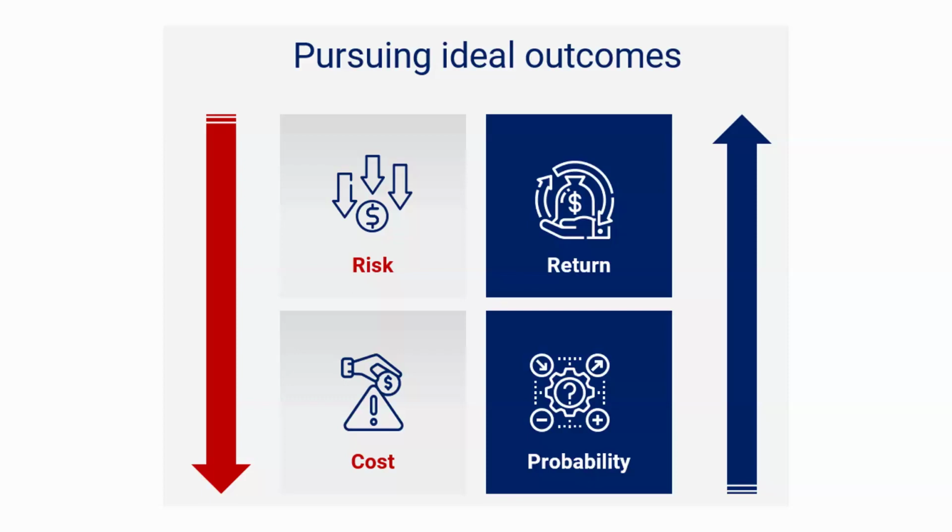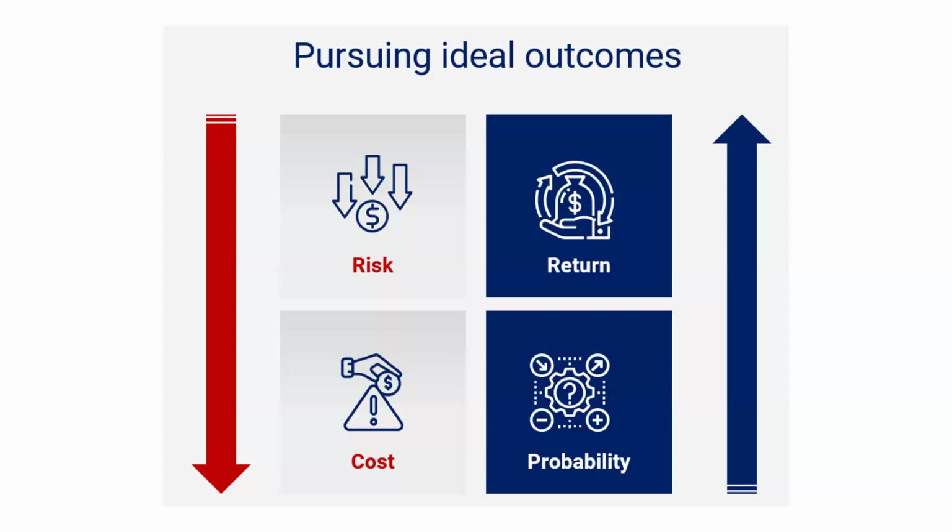Of course, we would want risk and cost to be zero, but there's no such thing as zero risk, zero cost in a lifetime of investing. We're going to have to put up with some of it, but wherever we can, we want to minimize these things. So we want that arrow on the left going down.